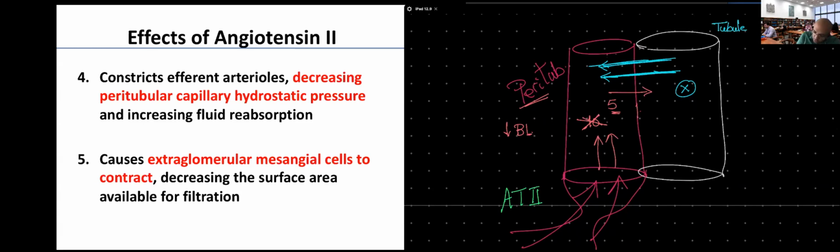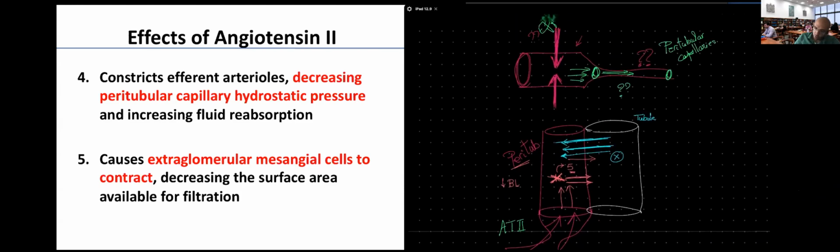So the resistance that is going to be pushing the fluid out has been reduced from 10 to 5. So would I be able to move more water back or less water back? If I reduce the resistance against the water movement, would you be able to move more or less water back? More water back.